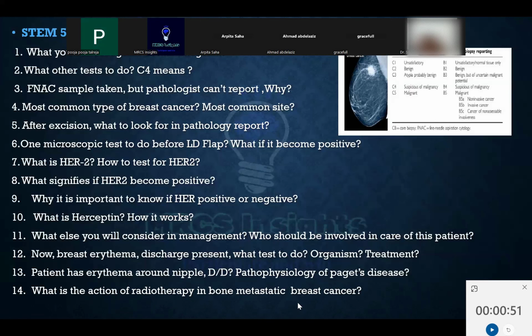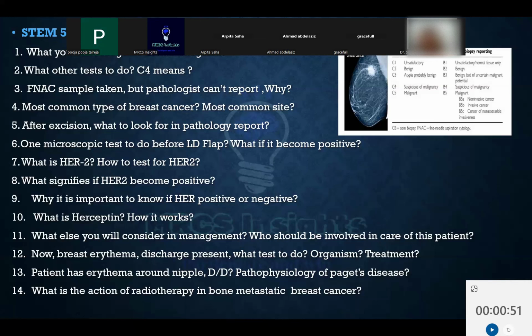Now, the patient has erythema around the nipple, what will be the DD? It can be dermatitis, or it can be Paget's disease also. Very good. Now, Dr. Ahmad, can you tell me the pathophysiology of Paget's disease? It's a ductal carcinoma inside that invades the nipple outwards.